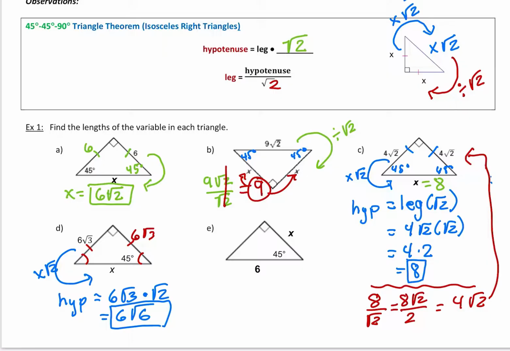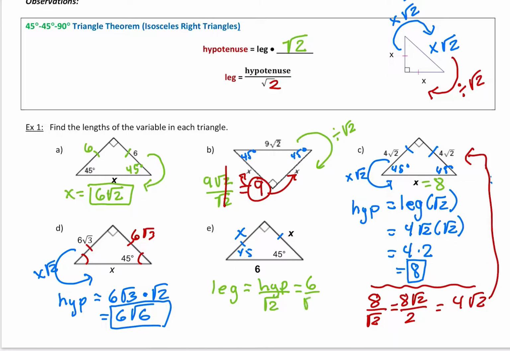Okay, and one more here. In this one, we have x and x, both of these over here are equal, because I know it's a 45, 45, 90. And if you want to reverse the problem, recall the leg is equal to the hypotenuse divided by the square root of 2. The hypotenuse is a 6.